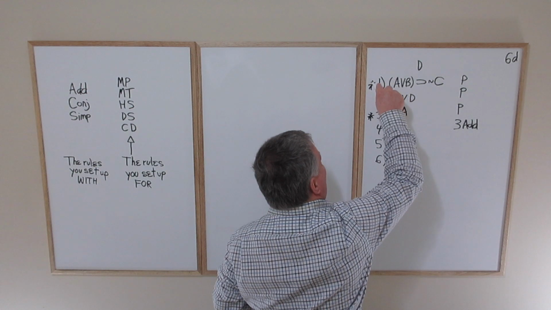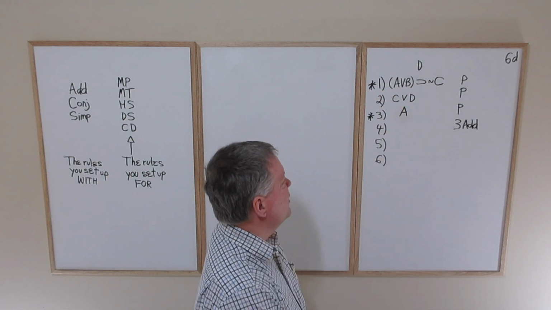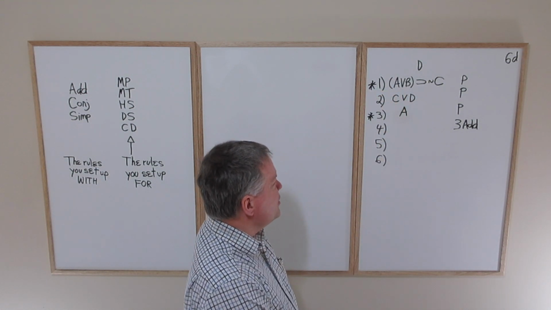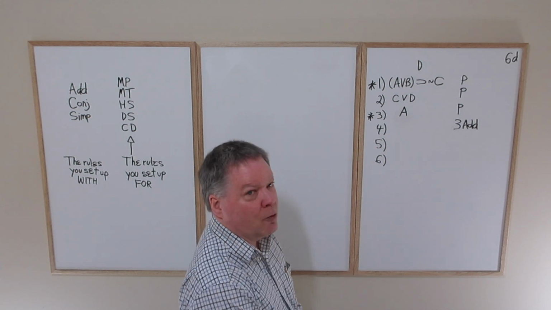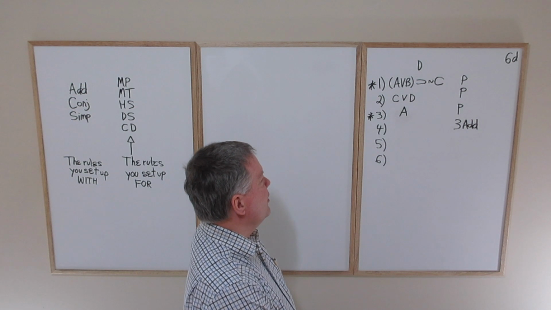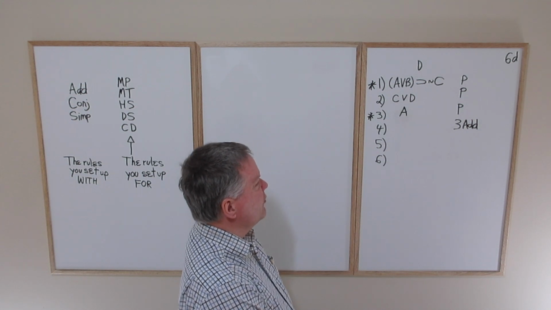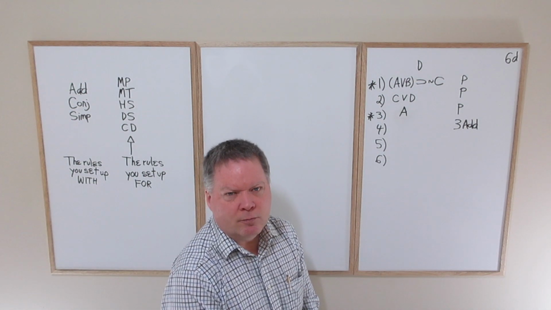Consider lines 1 and 3. What we've got is a conditional which tells us if either A or B is true, or both, then C is false. Line 3 tells us A is true.